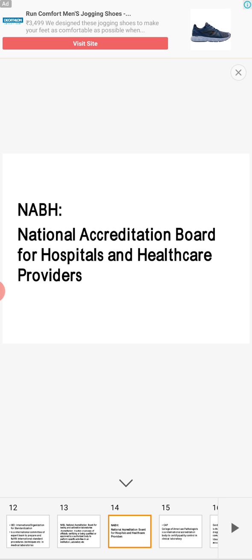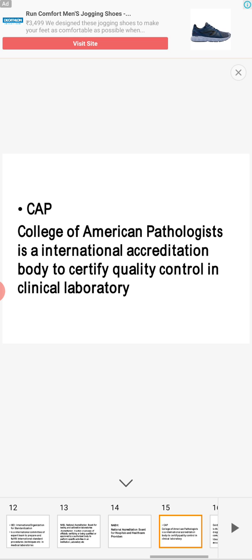Finally they will certify, and again they will come for follow-up. There is a lot of procedure to get NABL and NABH accreditation. CAP is international: the College of American Pathologists, an international accreditation body that certifies quality control in clinical labs. After NABL we can go for CAP also.